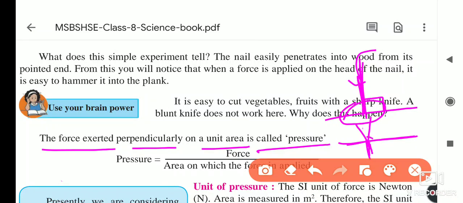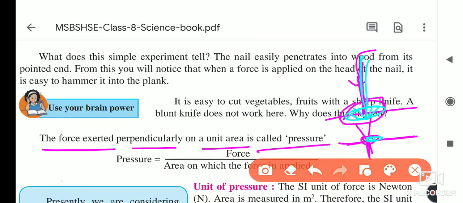This is the unit area, I will show you in a different color. On that area we are applying the force perpendicularly, and this is called pressure. At the place shown in blue, pressure develops due to the force applied on this nail.